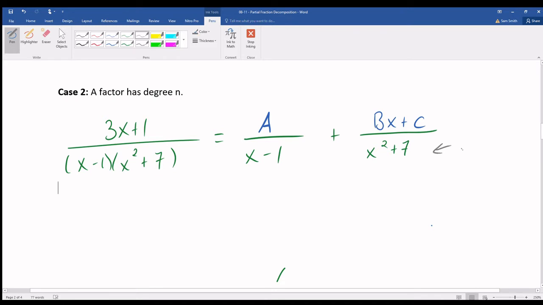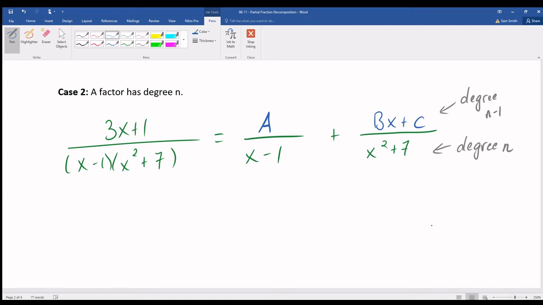If the denominator has a degree n, say it's quadratic, then guess something of degree n minus 1 for the numerator. If the bottom is linear, degree 1, make the numerator a generic constant, degree 0. If the denominator is quadratic, degree 2, make the numerator a generic linear function, degree 1, and so on. If you had a cubic down below, you would put a quadratic upstairs.